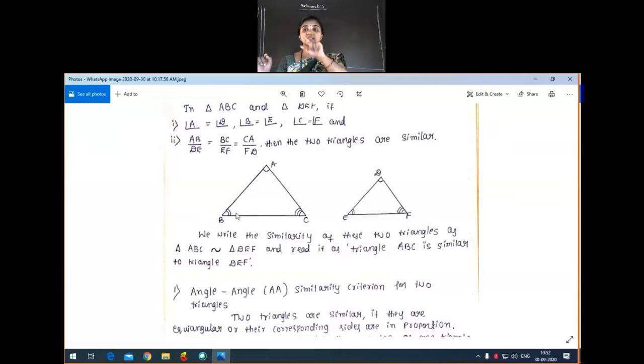In SAS, the angle comes in between two sides only, so we call it the included angle. Which two sides are we taking here? AB divided by DE, so the ratio of AB and DE is equal to BC divided by EF, then angle B is equal to angle E. So two sides' ratio and then the included angle. If this holds, then we can say that the two triangles are similar.